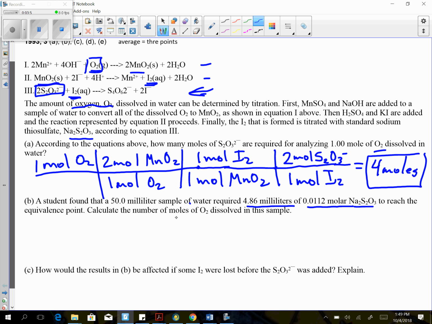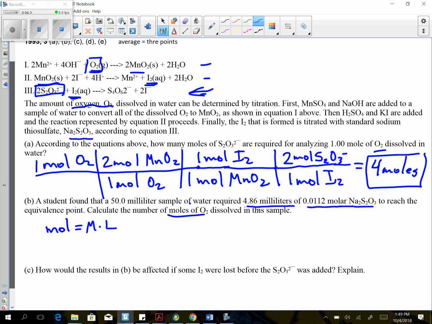If you know molarity and you know the volume in liters, how do you find moles? Yeah, molarity times liters.